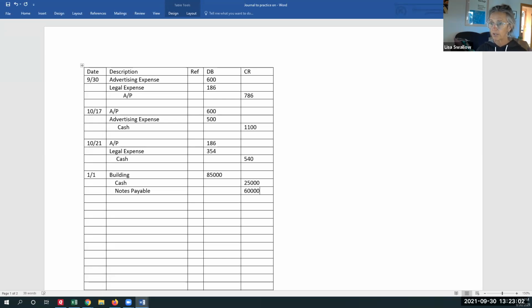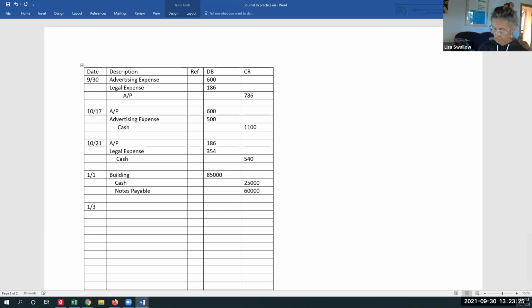And the note is the one that carries the interest. So every month, we need to acknowledge that we're accruing interest expense. And then at the end of the life of the note, which is 2 years, we'll pay the 60 grand plus all the interest we've accrued.